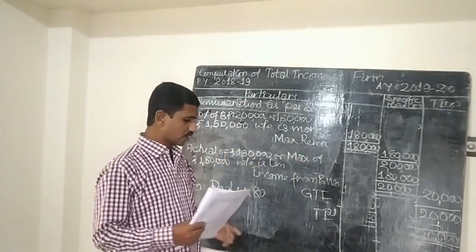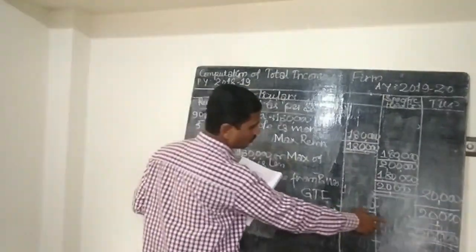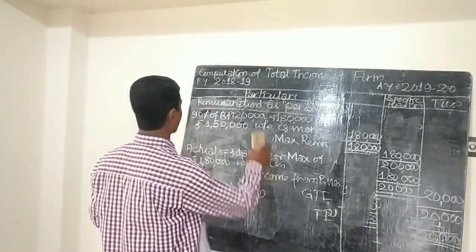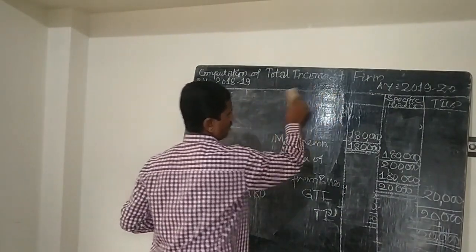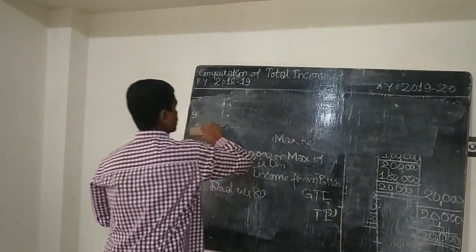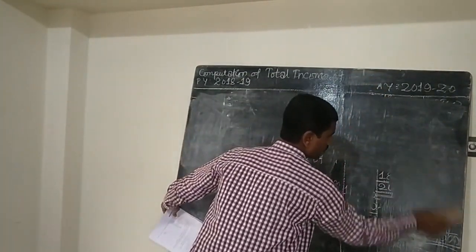So there are 2 questions actually in this problem. We have answered, we have arrived at the total income of the firm as rupees 20,000. So next we need to compute the total income of the partners here. Very simple problem, of course.